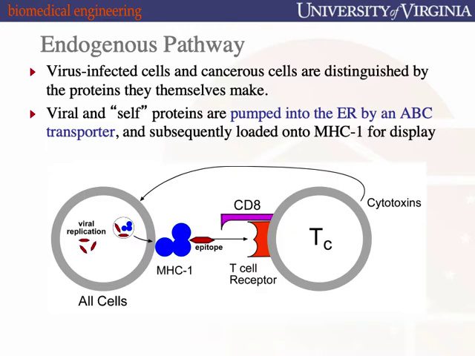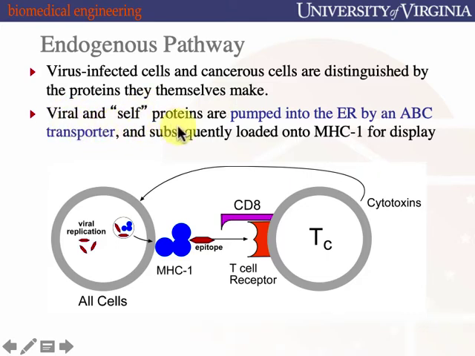During normal protein degradative processes, these peptides will also be displayed out on the surface of these cancer cells. And it's in this way that CD8 positive T cells or the cytotoxic T cells will discover them. All right, so virus infected cells and or cancerous cells are distinguished by the proteins they make themselves.